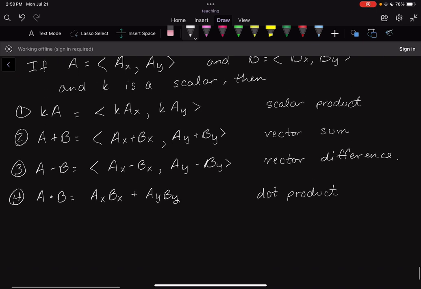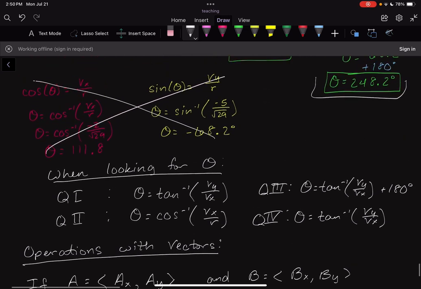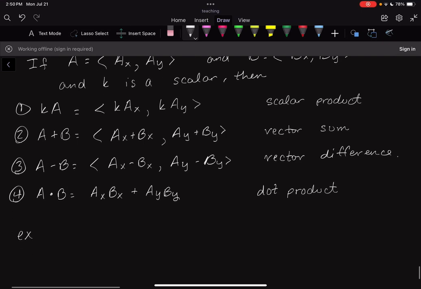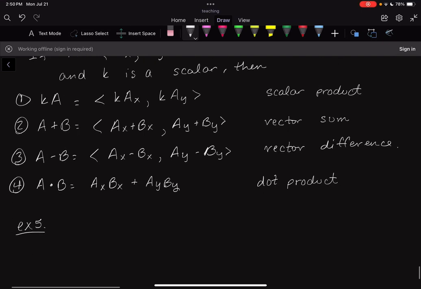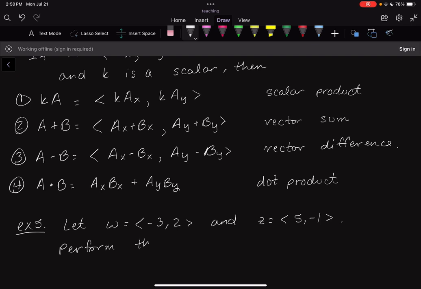So let me go ahead and do an example of actually using these. So this will be example 5. Let W be the vector -3, 2, and Z is the vector 5, -1. And we'll just say perform the operations.